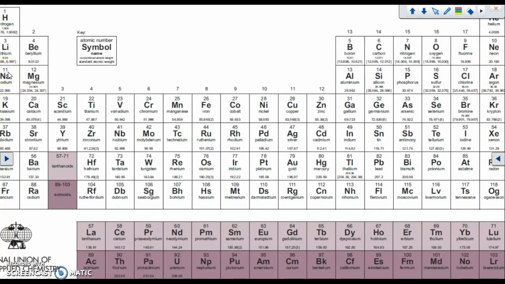Well, atomic radius, if you want to think about it, folks, is the relationship between the number of electrons and the number of protons. Recall from the earliest lecture that the size of the electron cloud is dependent upon the number of electrons. The more electrons you have, generally speaking, the bigger the electron cloud, and therefore the bigger the atomic radius.